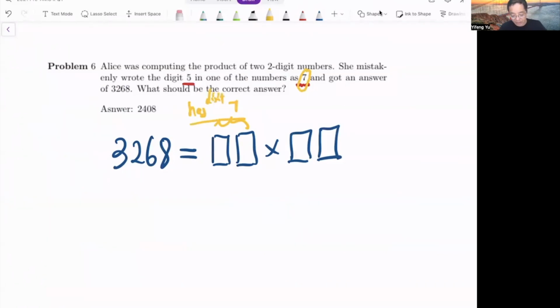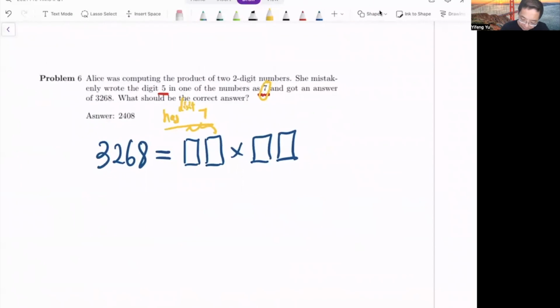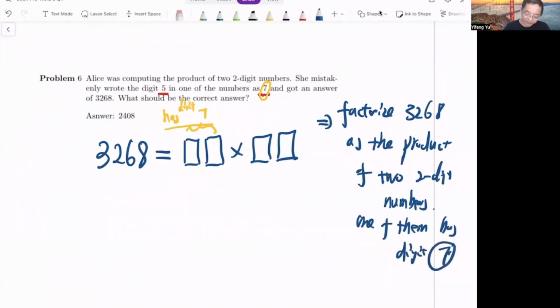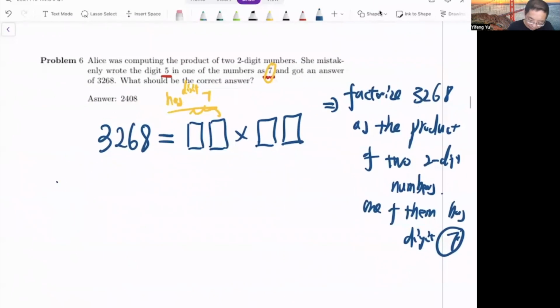In other words, this is just reduced to what? We want to factorize 3,268 as the product of two-digit numbers, right? And one of them has that digit 7.